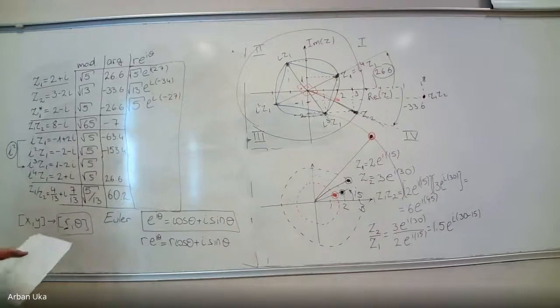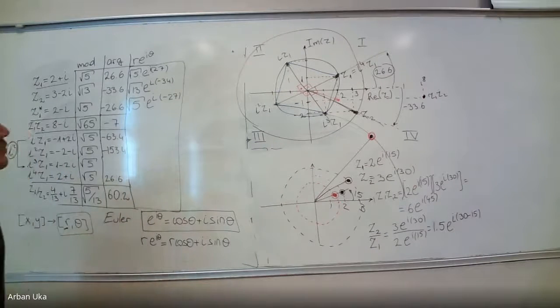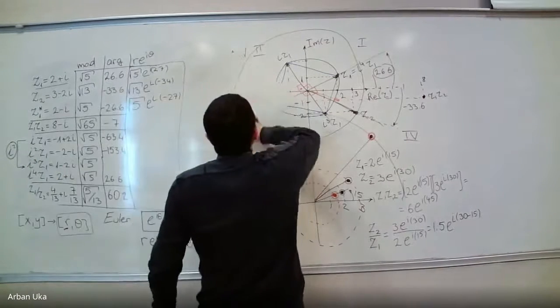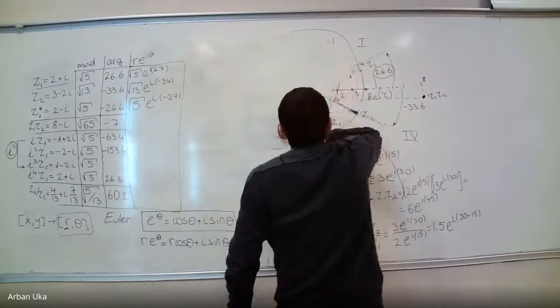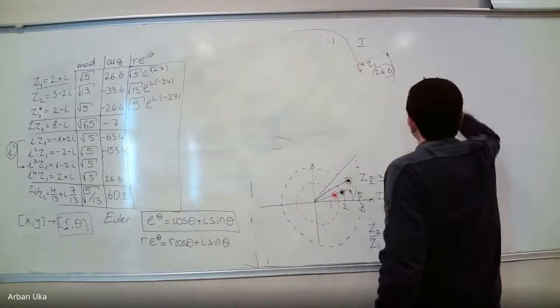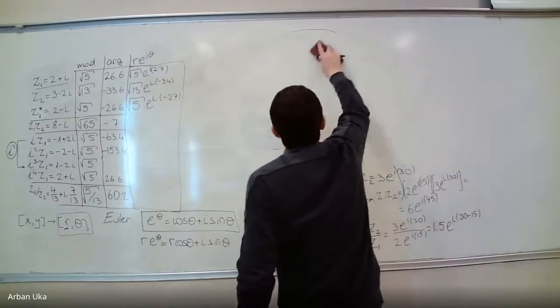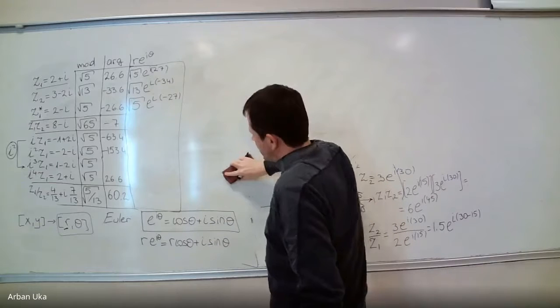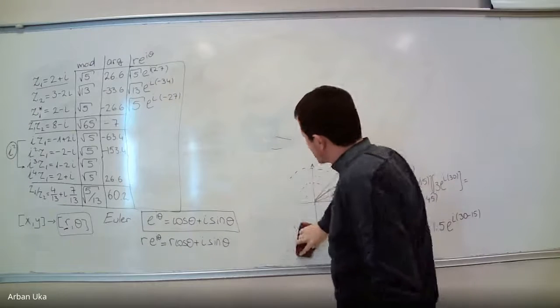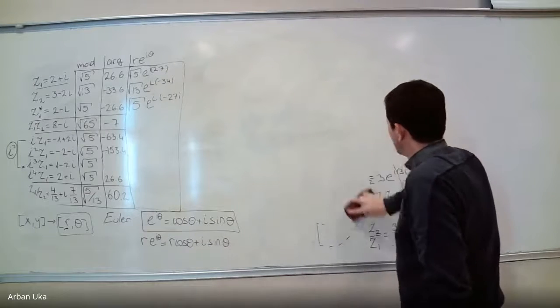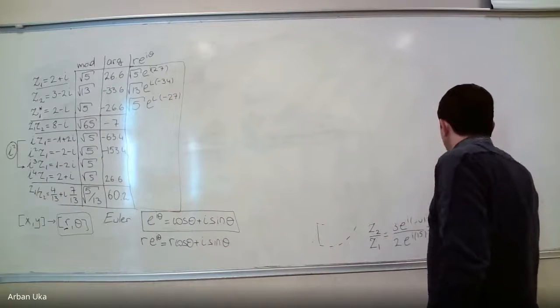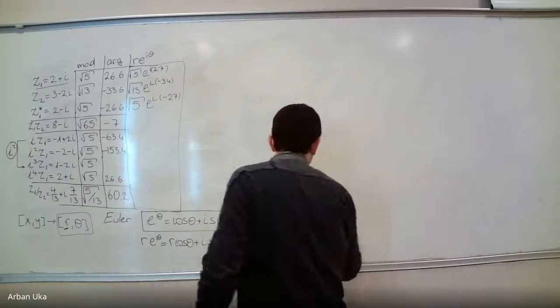Now, let's do another exercise here. In this section, we are going to see in a little more detail the relationship between complex numbers and matrix algebra, or linear algebra.